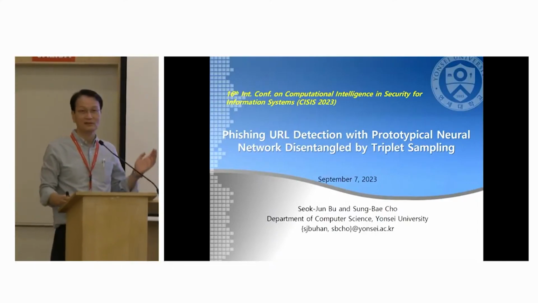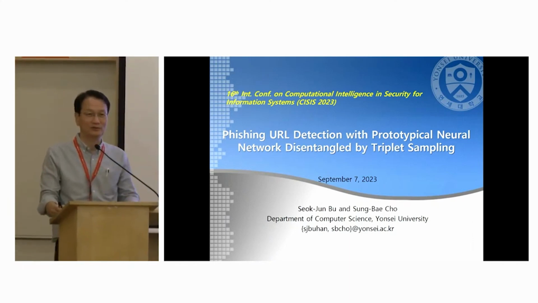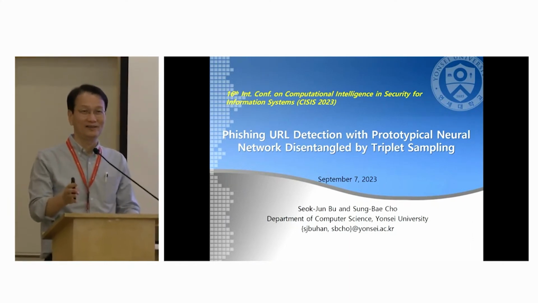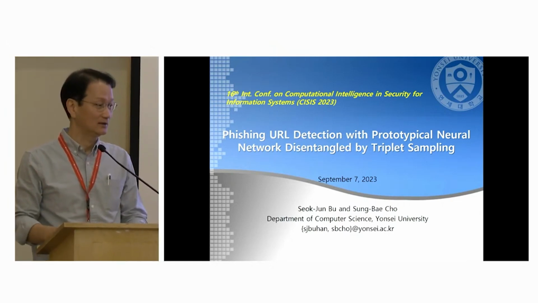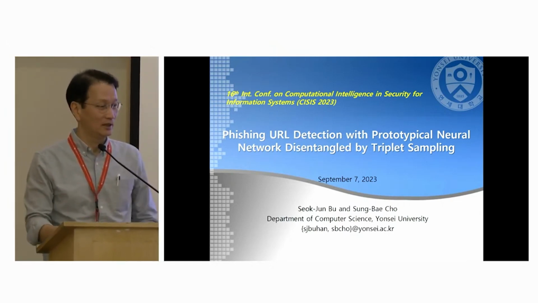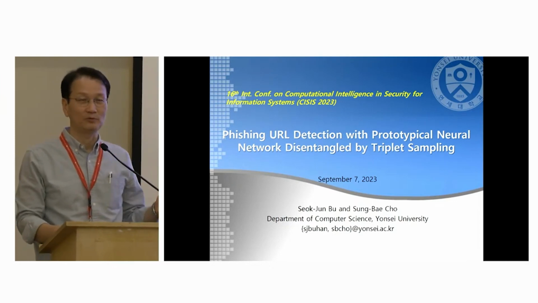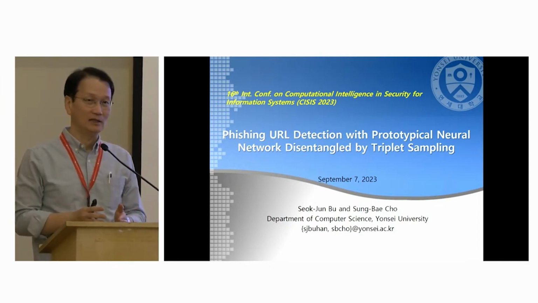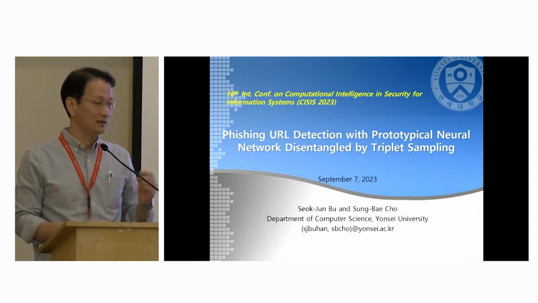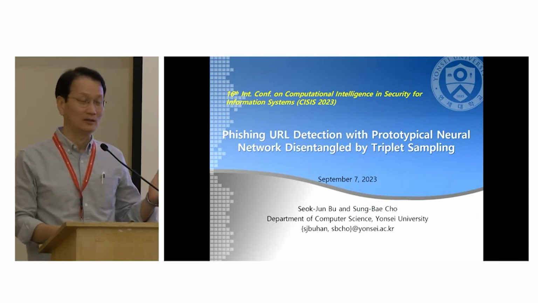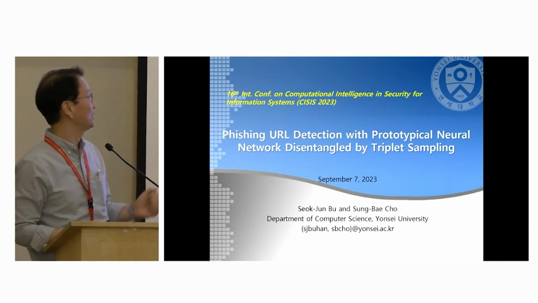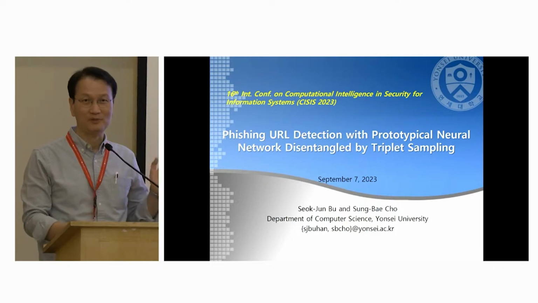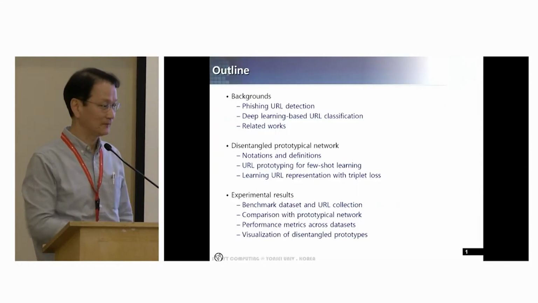So in this work, we just wanted to detect the phishing URL. Nowadays, it is quite a big problem in society, especially in Korea. So in order to solve this problem, our team has been working on applying or devising many interesting techniques. And today, I will present one of them, called Disentangled Prototypical Neural Network, which is quite popular nowadays in computer vision.